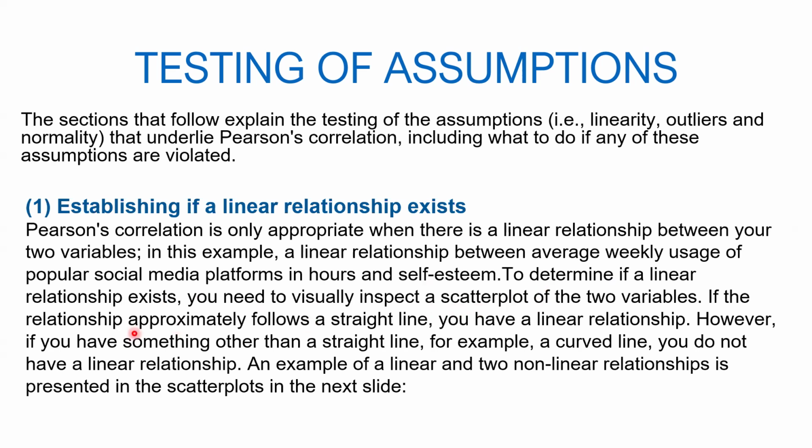If the relationship approximately follows a straight line, we're not saying that all data points should lie on the same line, but there is a trend, then you have a linear relationship existing between the two. However, if you have something other than a straight line, for example, a curved line, you do not have a linear relationship. An example of a linear and two non-linear relationships are found in our next slide.